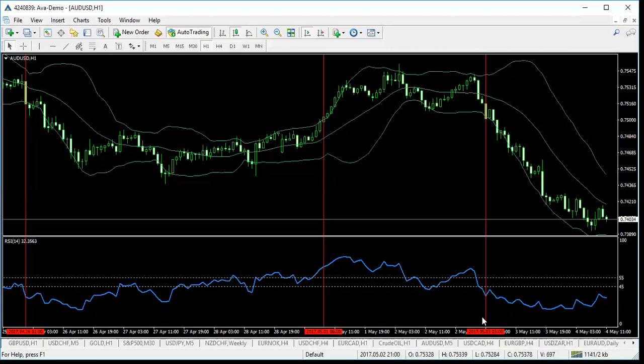We then confirm it with the RSI. If it closes above, we want RSI above 55. If it closes below, we want the RSI below 45. Then rule 4 and 5 is enter on the next candle. And from that candle, count 1, 2, 3, 4, 5, get out the market.